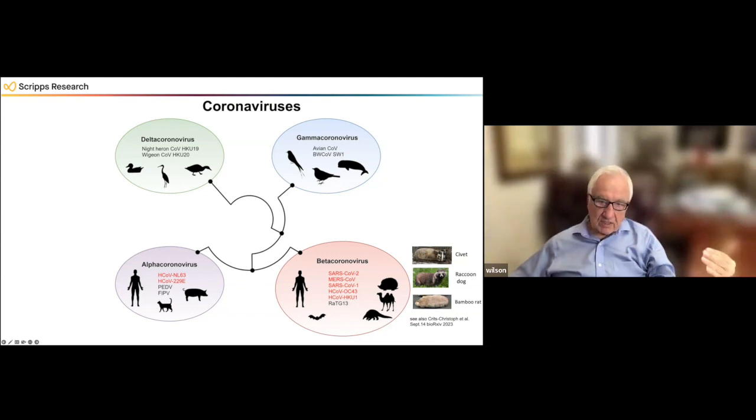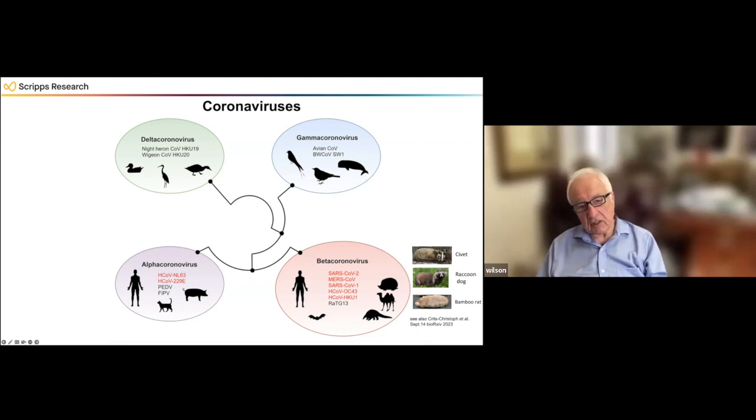And we know that these viruses are transmitted initially from bats through different species: camels, pangolins, civets, raccoon dogs, bamboo rats, etc. This is the family that one is looking at, and we saw the structures of these spike proteins earlier on.